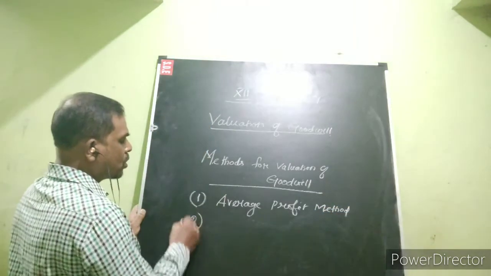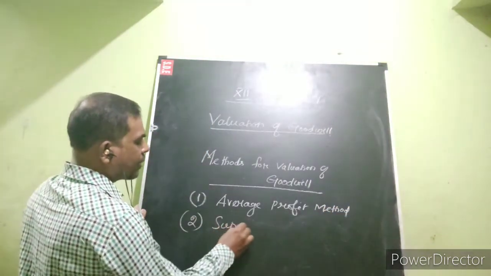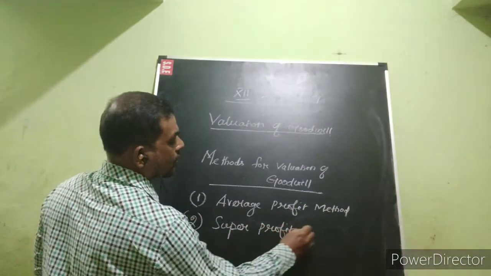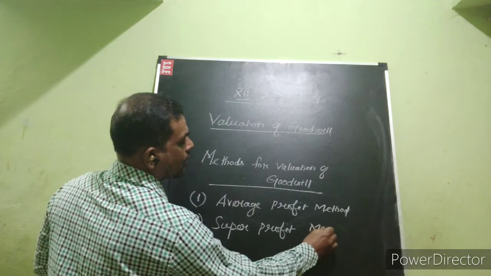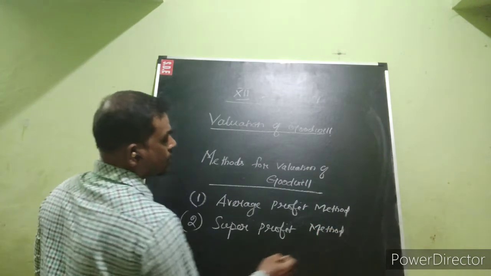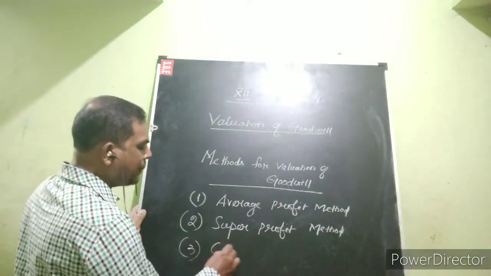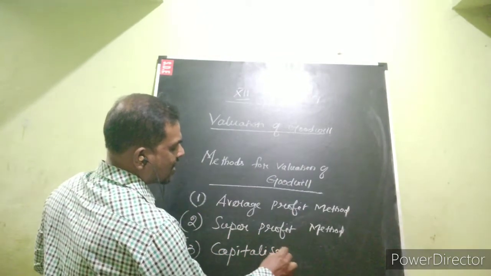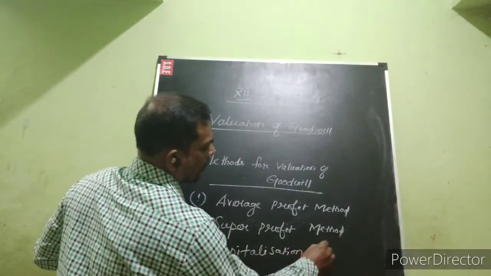Number 2, super profit method. Number 3, capitalization method.